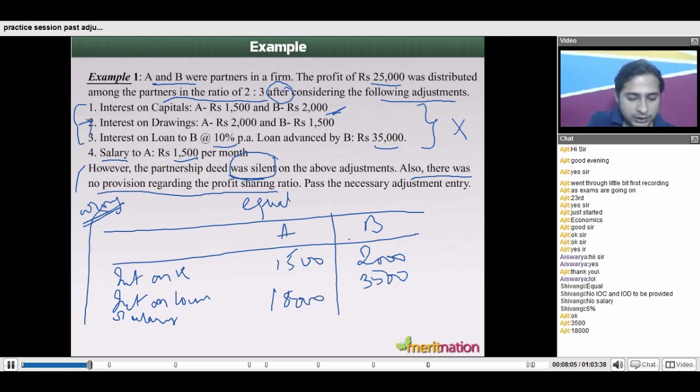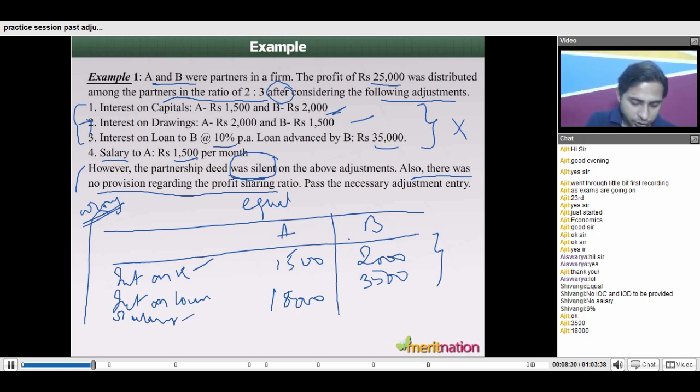Now let's tackle this interest on drawing. The reason I have preferred the second adjustment to the fourth one is simple. Look, all these will appear on the debit side of the P&L account. These are what the partner is getting: capital, salary, and again the loan will be received by the partner.